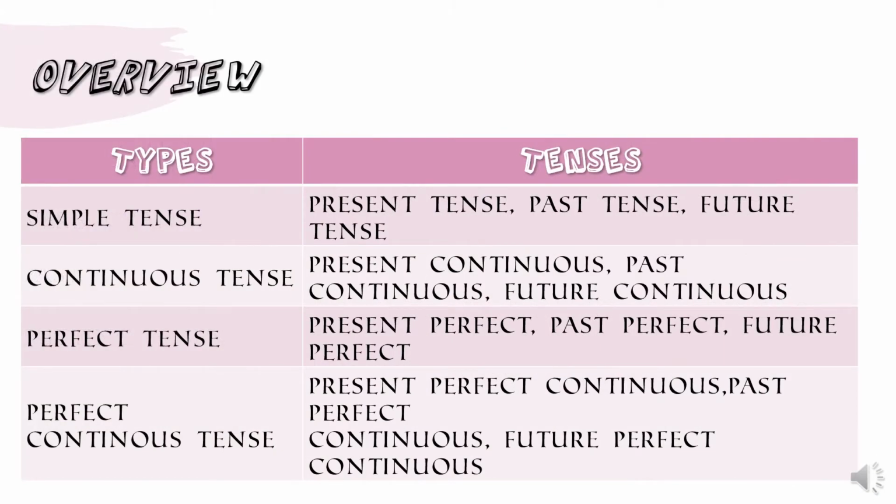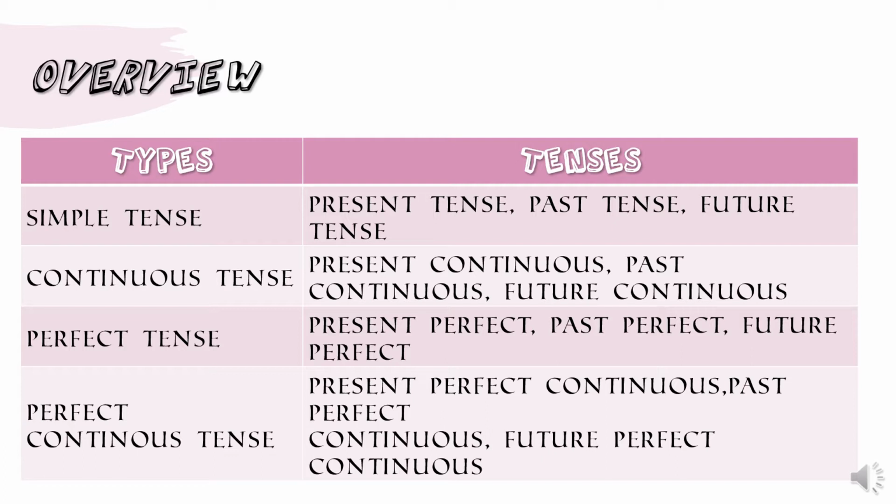So student, you can see a flow chart of the types of tenses. The first one is simple tense: simple present, simple past and simple future. Second one, continuous tense: present continuous, past continuous and future continuous. Third one, perfect tense: present perfect, past perfect and future perfect.